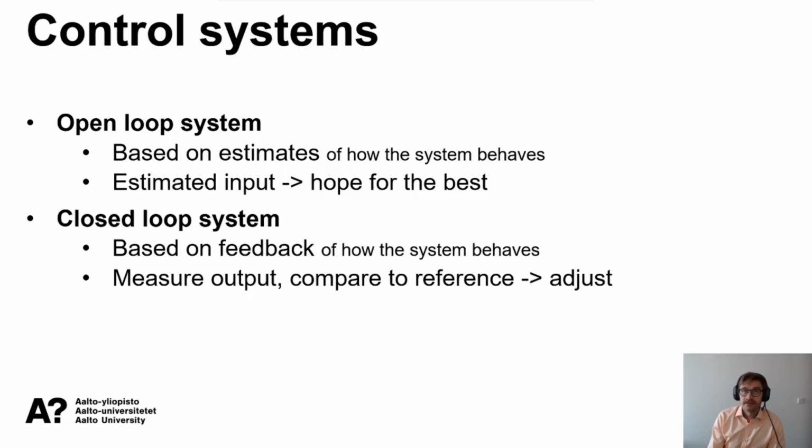Then you could change the value based on some sort of a model. So in this case, like the fan speed, you could still change it based on some calculation, but you don't know what is the actual temperature at the moment in the car cabin at a certain time.